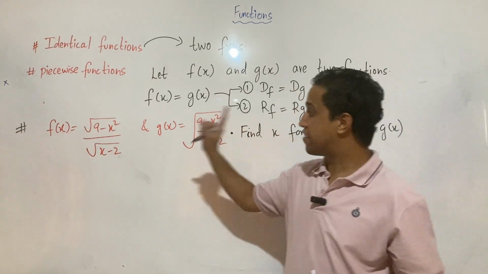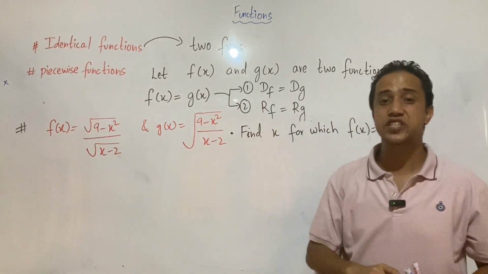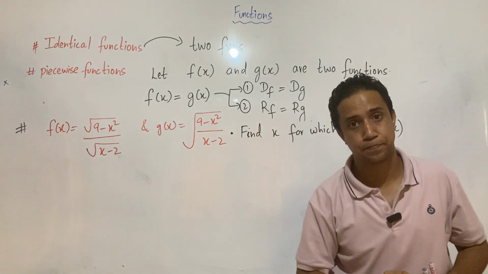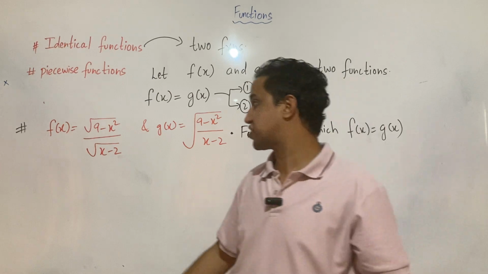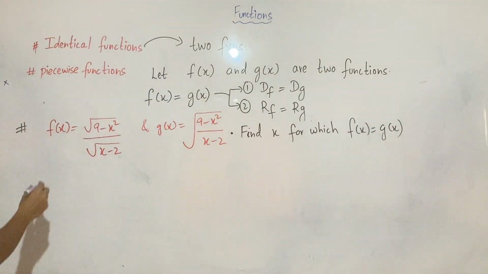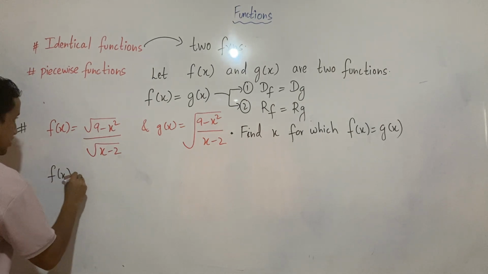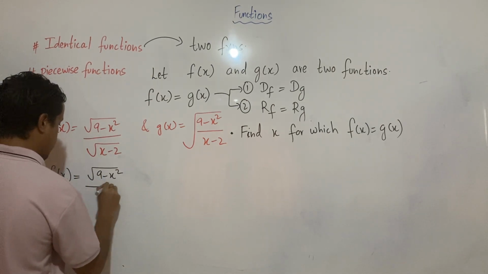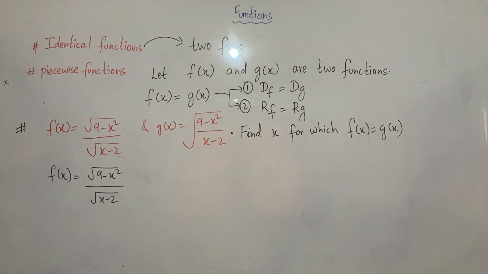If they have given you this question and they have separated the roots, then they have done it on purpose, and we have to figure it out. So let's start with your f(x). Your f(x) is root of 9 minus x square by root of x minus 2.